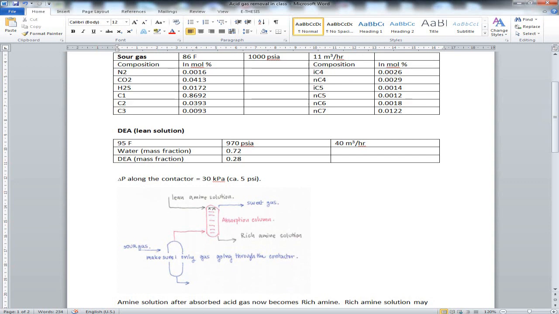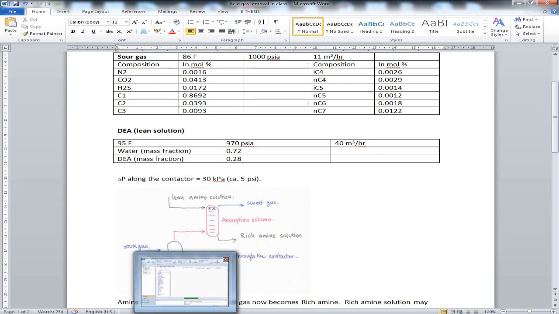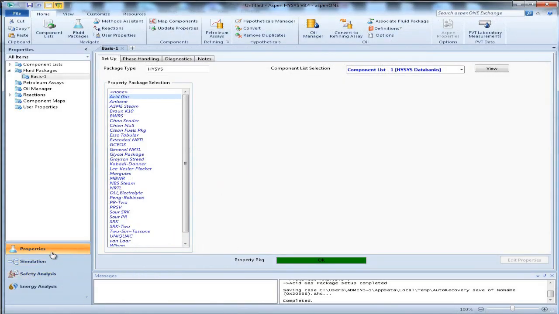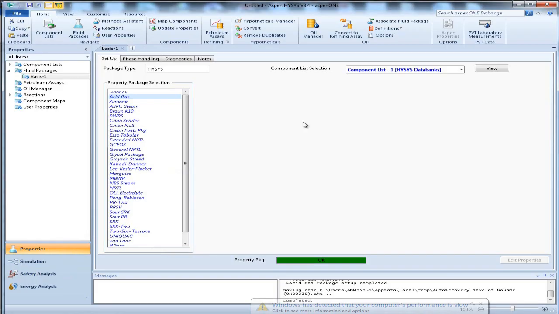From now, we can go to the simulation. In the simulation, this is a special case because the chemicals involved in the system are acid gas, carbon dioxide, hydrogen sulfide, hydrocarbons, water, and the amine solution.